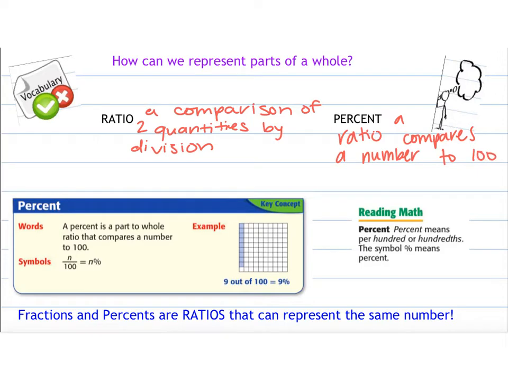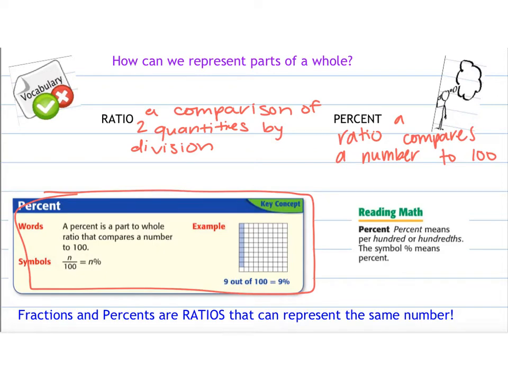Okay, so the important thing is to know that percents are always out of 100. So it's part of a whole. A percent is a part to a whole number that compares a number to 100. And we write it as whatever over 100 or as that number with the percent sign.